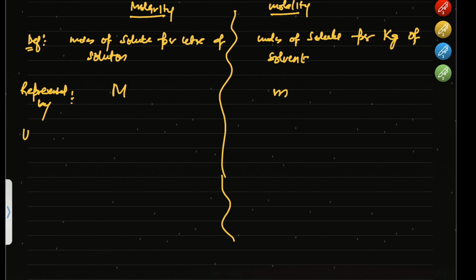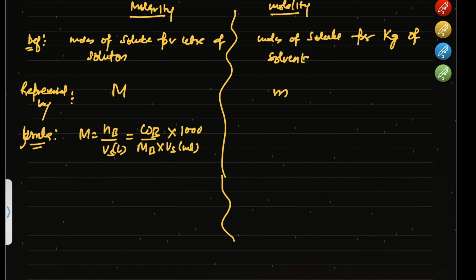Formula of molarity: capital M is equal to moles of solute upon volume of solution in liter, or moles of solute is equal to weight of solute upon molar mass of solute, volume of solution in ml. Then we have to multiply the whole equation by 1000.